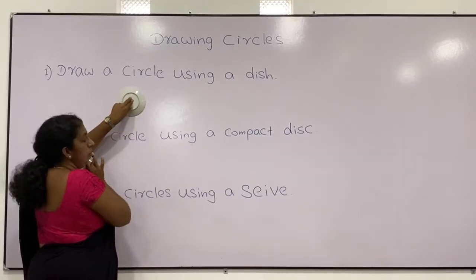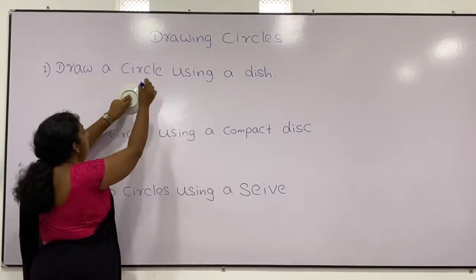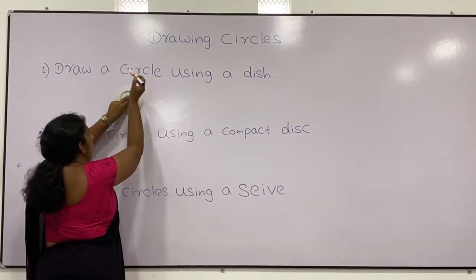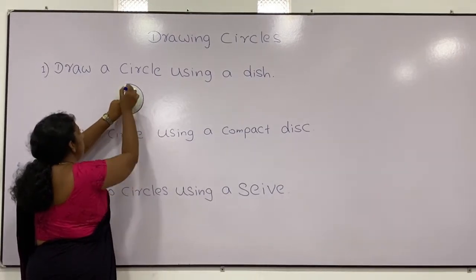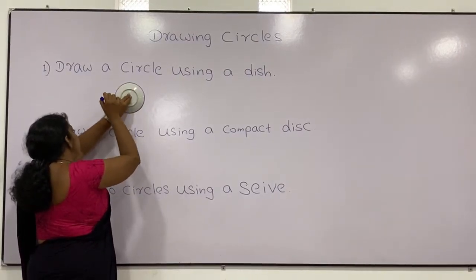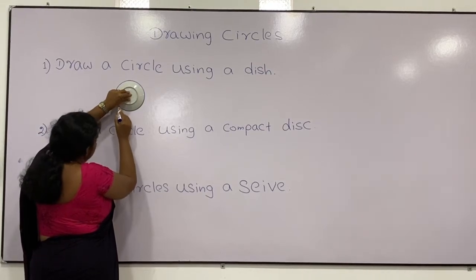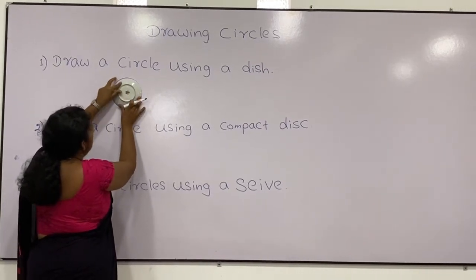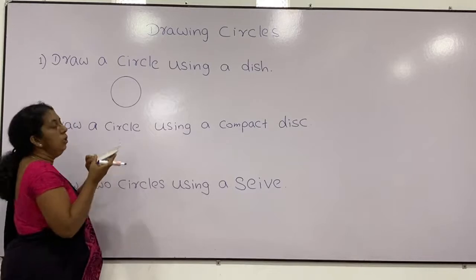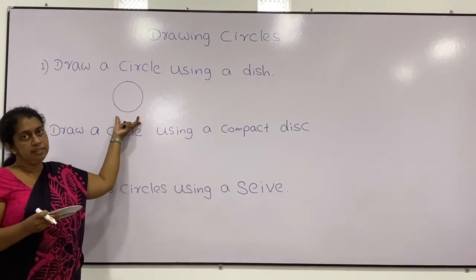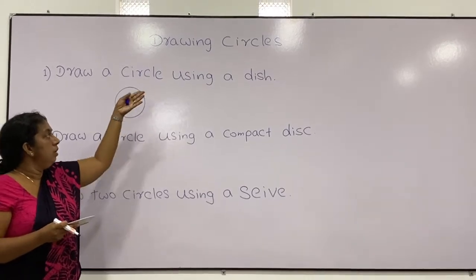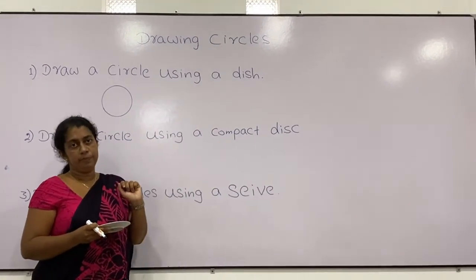You can use a pen or pencil and draw the circle around this curved line. Then you will have a nice circle like this. Now we have drawn this using a dish.